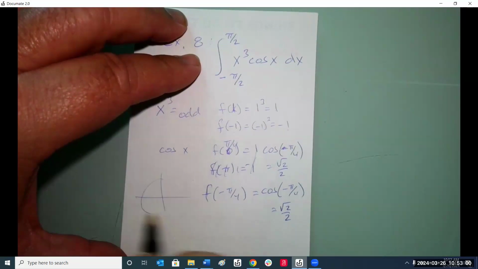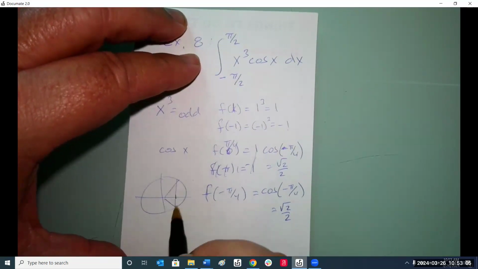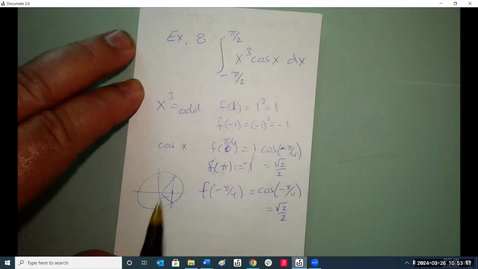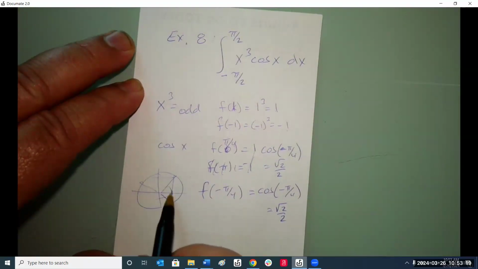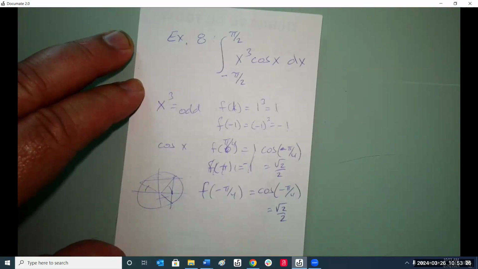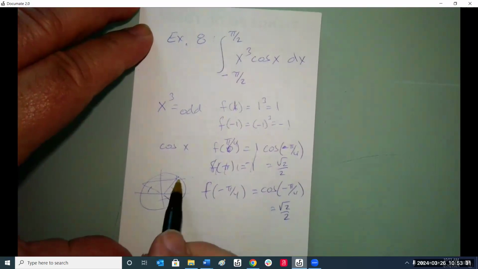If you think about it in the unit circle, pi over 4 is here, negative pi over 4 is here, and the values are the same. If on the top half they're both the same, on the bottom half they're both the same at those angles.